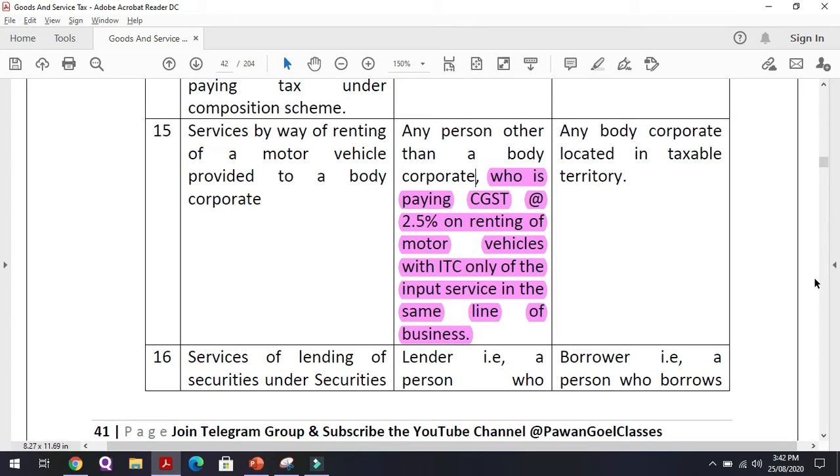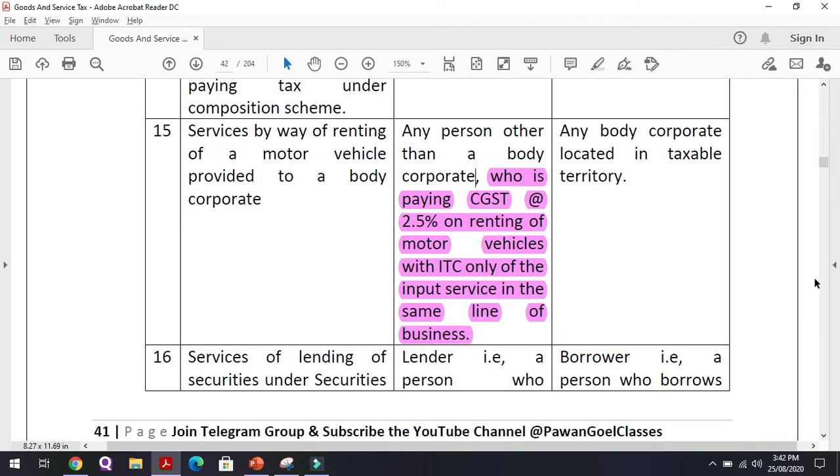So that is the reason why in the third example, when an unregistered person is providing service of renting of motor vehicle to a body corporate, the body corporate will not have to pay any tax on reverse charge basis, because an unregistered person is not a person who would pay tax at the rate of 5% and claim limited ITC. So because Mr. Shiv is an unregistered person, the third example comes out of the ambit of RCM.